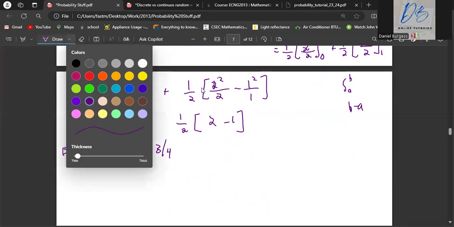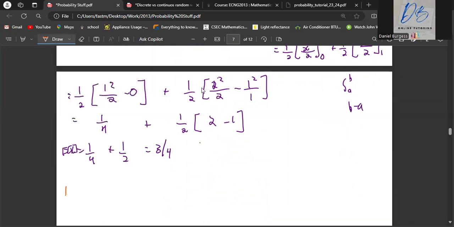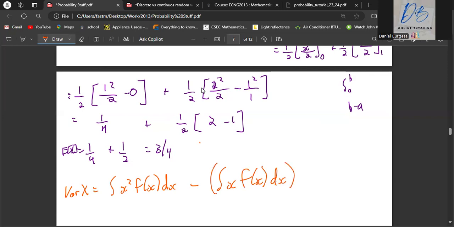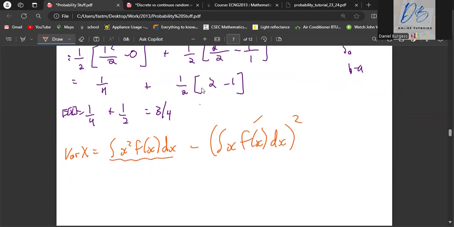Now for the variance. It's the integral of x squared f of x dx minus the integral of x f of x dx, all squared. We already have this from before, so we just have to calculate what this is.